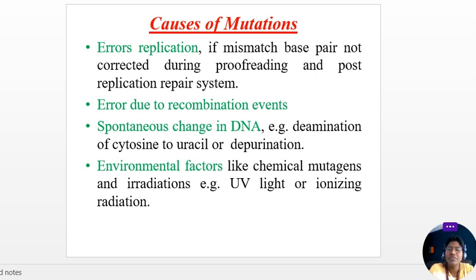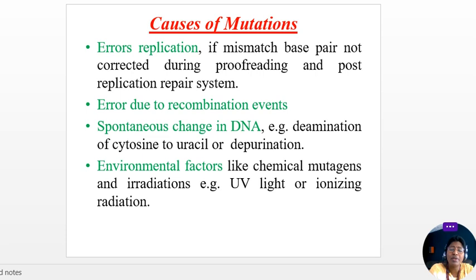So instead of cytosine, uracil will be present. This is one of the frequent, common reasons for mutation in the DNA. Another one is that the purine nucleotide easily undergoes depurination, and it is also one of the major reasons for mutation.